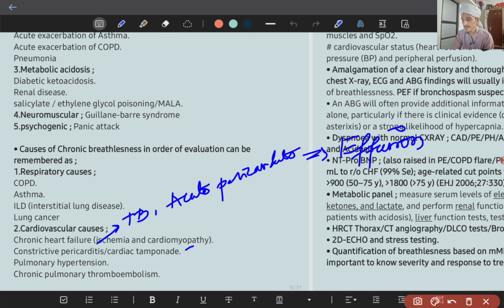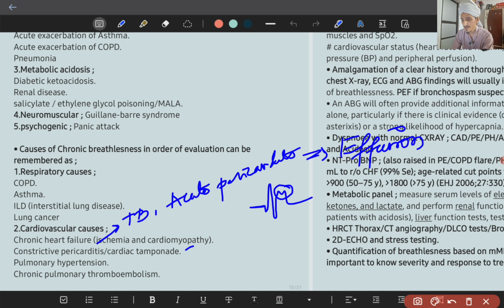Pericarditis, what will be the sign? On ECG, there will be ST segment elevation, concave upwards, in almost all of the leads. In MI, there will be concave upwards ST elevation, but restricted to inferior leads or lateral leads or anterior leads.